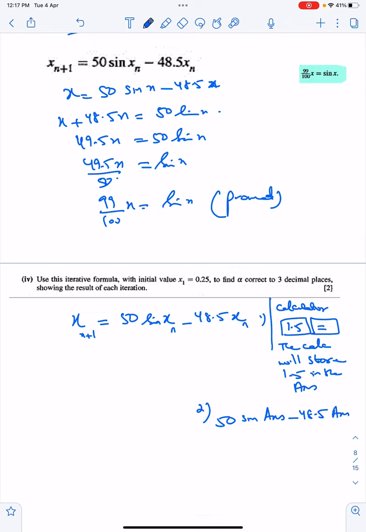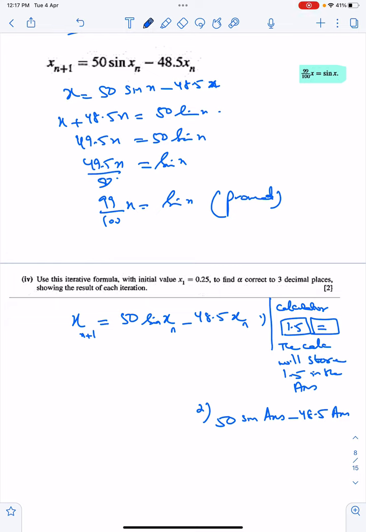Okay, so firstly I'm putting 1.5 and then I'm pressing the equals sign. Then I'm writing 50 sin answer, and after answer you have to close the bracket because it's sin of answer, minus 48.5 answer.